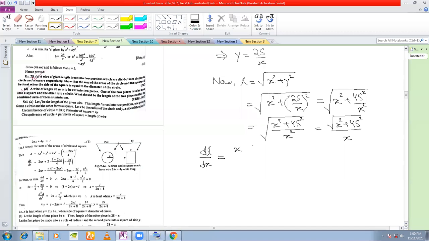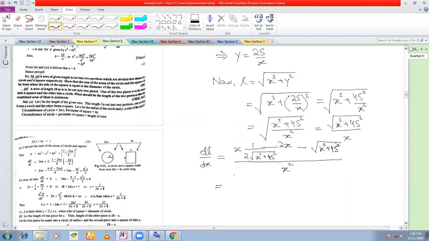What is the ddx of this? 1 by 2 root x to the power of 4 plus 4s square into the derivative of the inside, into 4x cubed, and minus u, that means u is root x to the power of 4 plus 4s square, into ddx of x which is 1, divided by x square.